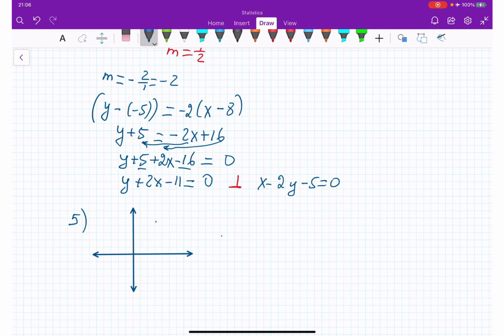Let me see, one coordinate is 1, 2, 3, 4, negative 4, one point. The other one is going to negative 2 and 3. This is 3 and this is negative 2.